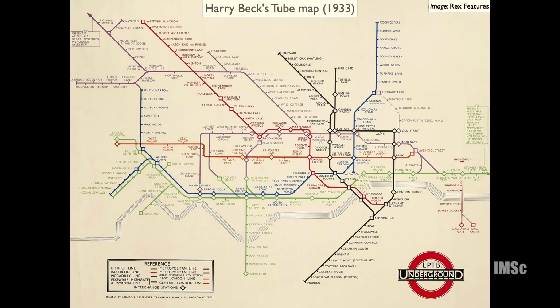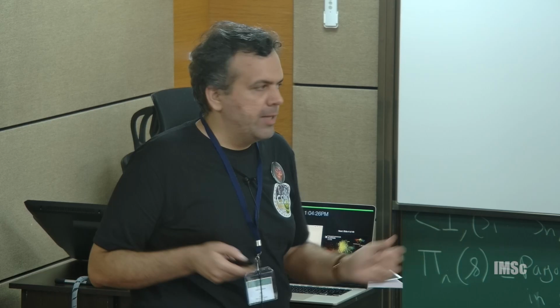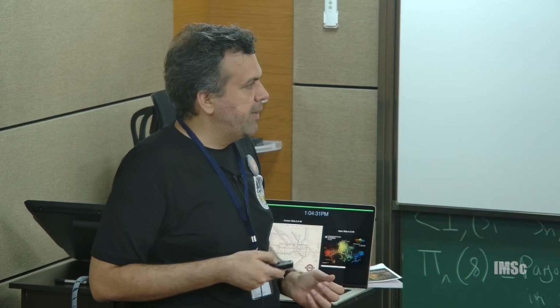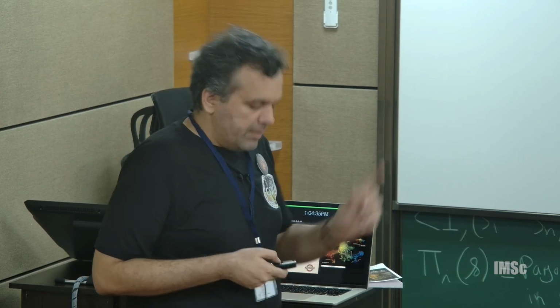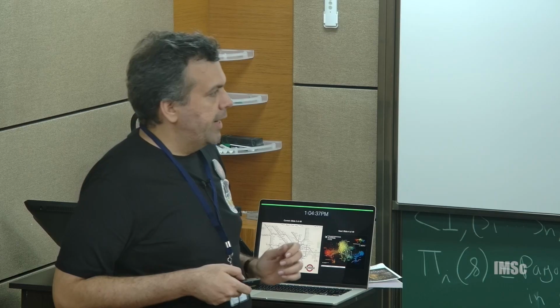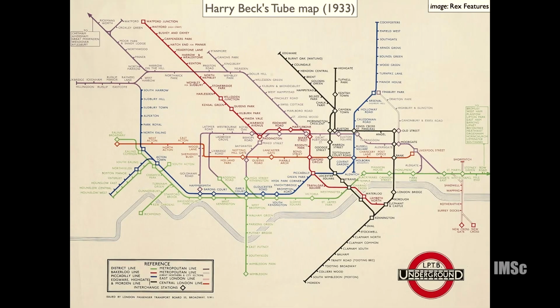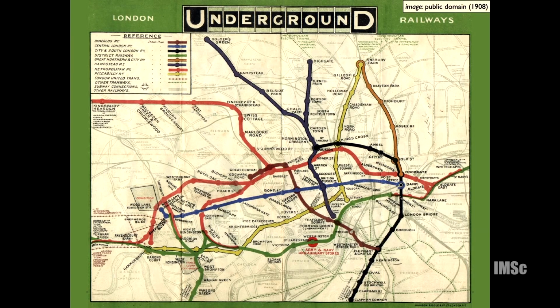Maps like this have now become so common. I'm sure if any of you have been on a metro in any major city, you would have seen maps like this. Maybe not so detailed, but you have probably seen maps like this on the metro, right? The reason I'm bringing this up right now is that, as we just discussed, this map over here is really just an abstraction of this map over here.